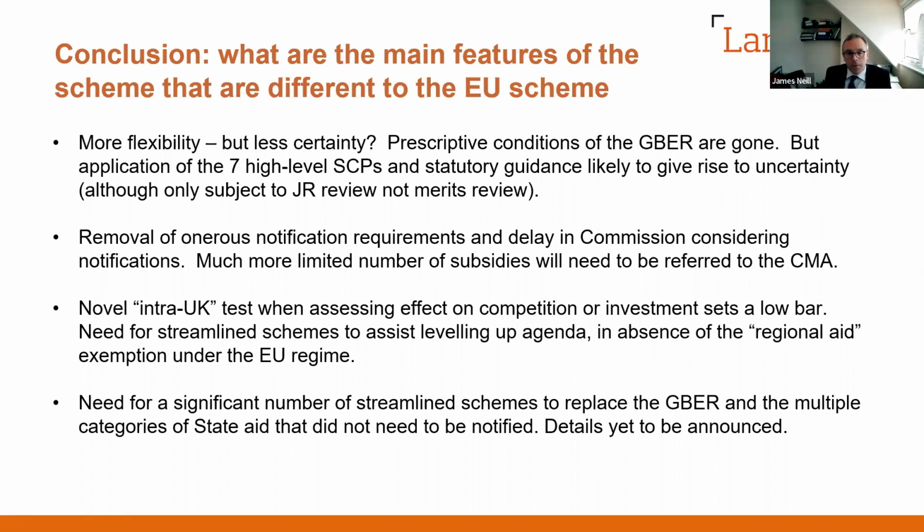So the prescriptive conditions of the GBER, the block exemption regulations, are gone, but now what we have essentially is the necessity to apply 7 quite high-level subsidy control principles, and also the duty to apply the statutory guidance I've referred to. Now that's going to give rise, inevitably, to some uncertainty, which comes with the discretion conferred on a public body.